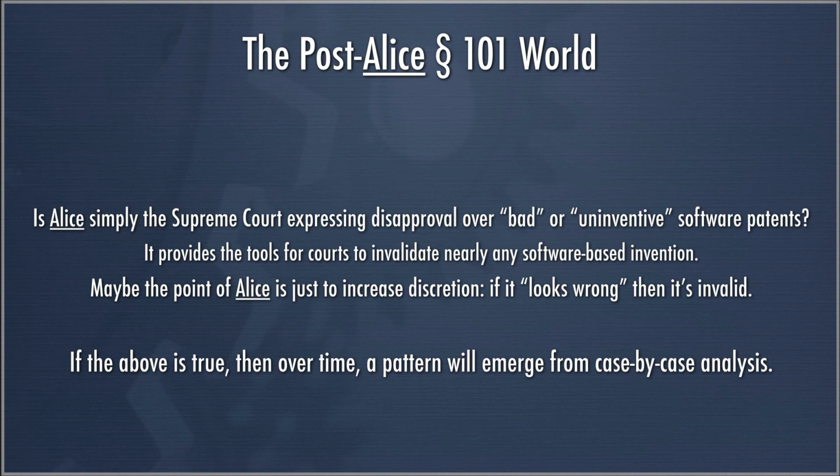If this is really just about shifting some more discretion into the hands of decision makers, then over time we should get a pattern, right? We should be able to see over a while that there's a pattern of cases that fall within the Alice framework and are unpatentable, and cases that do not.